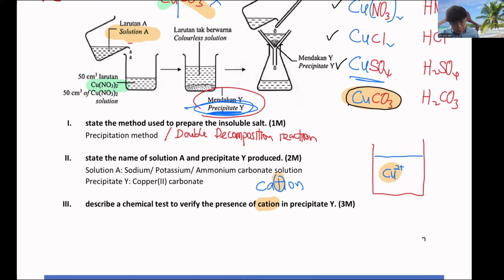Okay, we do a simple test first. In exams, quite frequently they will ask you how to test for copper 2 ion. To verify the copper 2 ion, in this solution, we have step one, step two, step three.